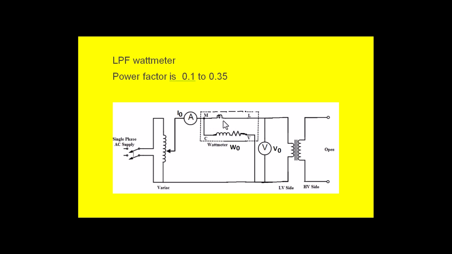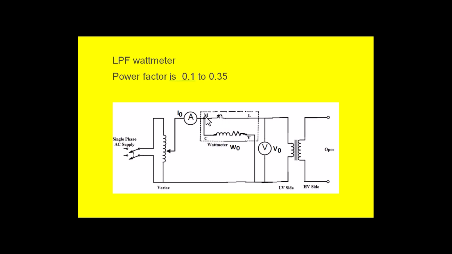And if we observe here, this is the current coil of the wattmeter and this is called the potential coil of the wattmeter. In the potential coil of the wattmeter, the inductance and the resistance of the potential coil is very high, whereas the resistance of the current coil is very less.